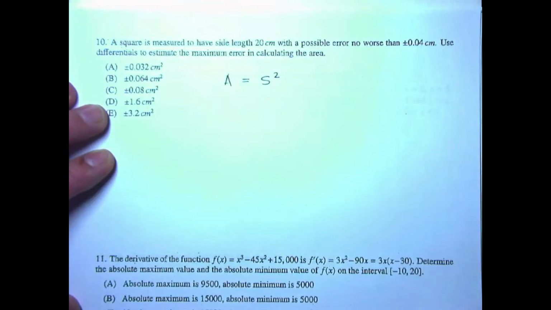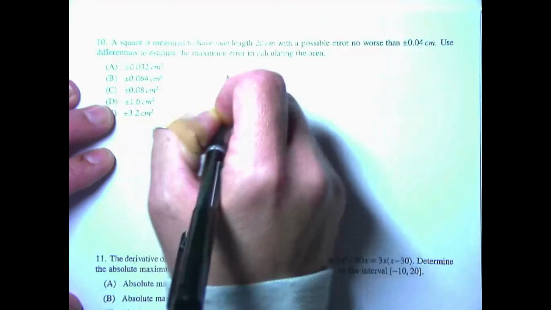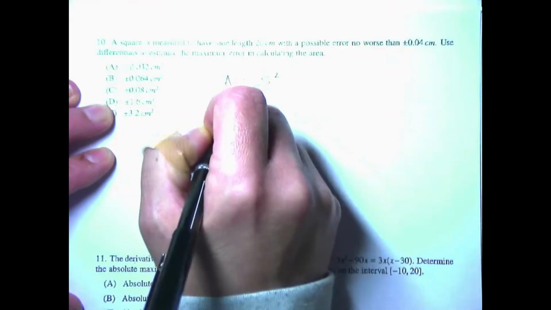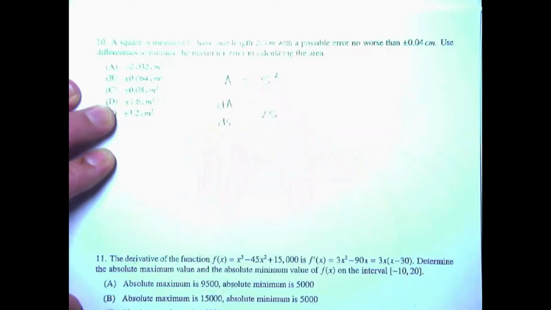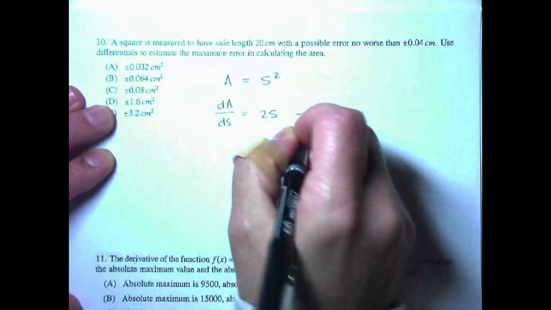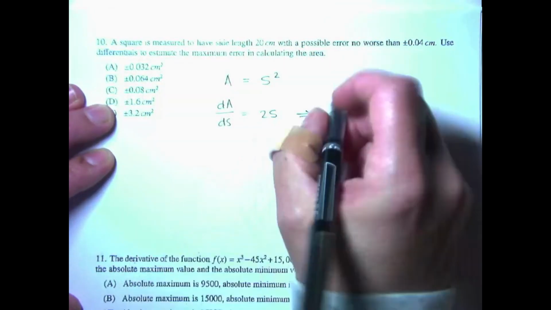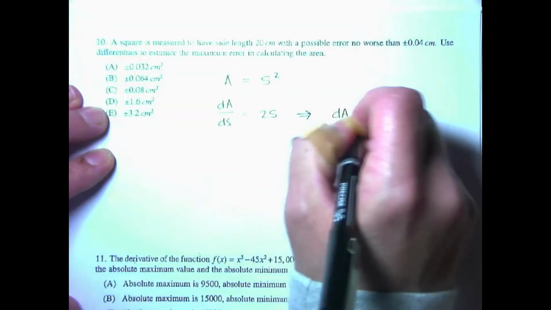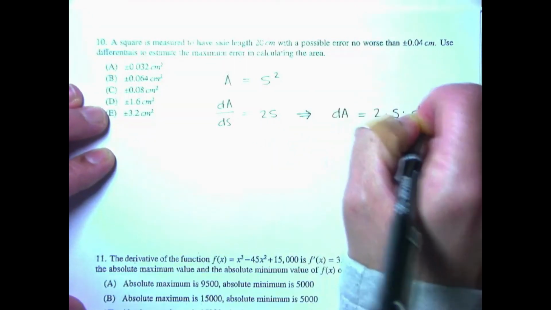So if I find a derivative here with respect to s, the derivative of A with respect to s will be equal to 2s, correct? So for the differential, we're just going to take this ds and multiply it out to the other side. So dA, the differential, is equal to 2 times s times ds.